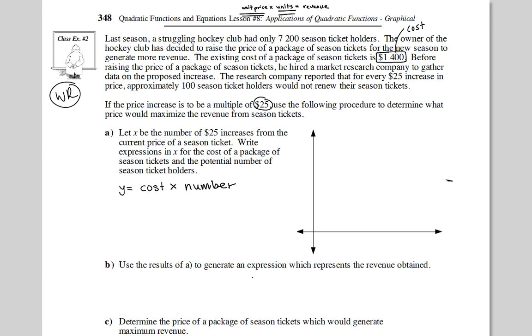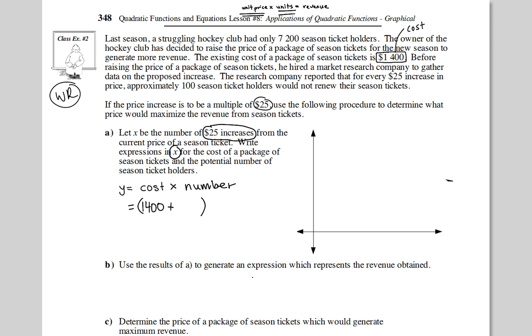So what's the cost going to be? Well, it's going to be $1,400. That's the initial price. Plus, what are they increasing it by? 25. So they're doing a $25 increase for each X. So if X is 1, you add 25 once.